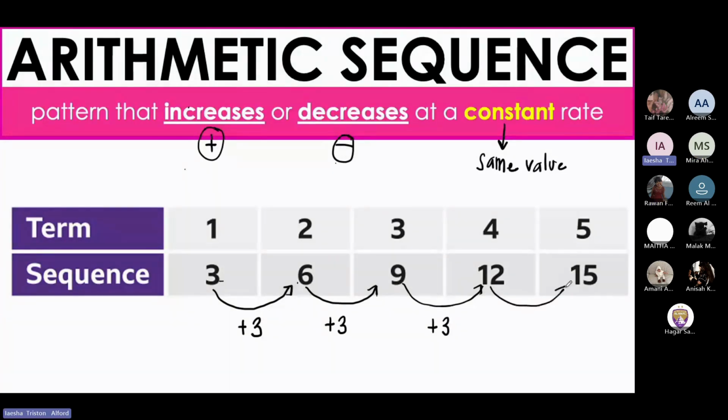From 12 to 15? Add 3. Okay, so it's increase and it's constant. What number did we add every time? 3. So we call this arithmetic. Do we add 3 all the time? No, it depends on the pattern. This is just one example.